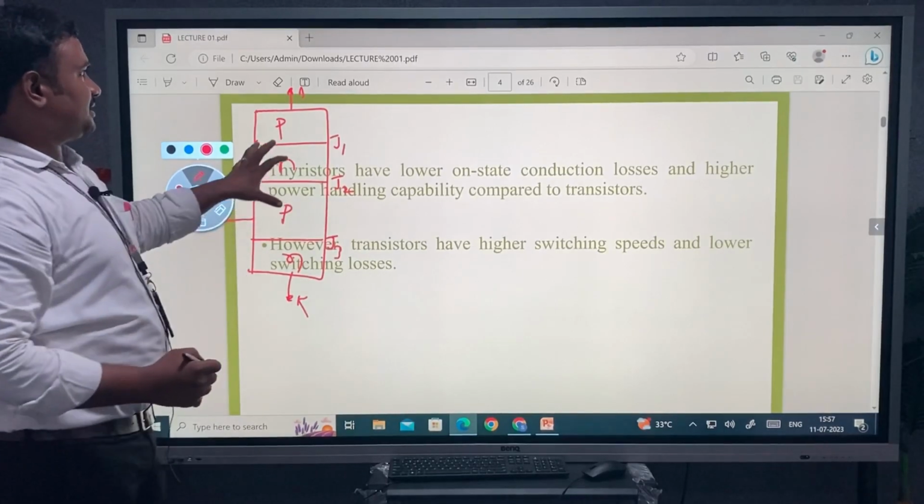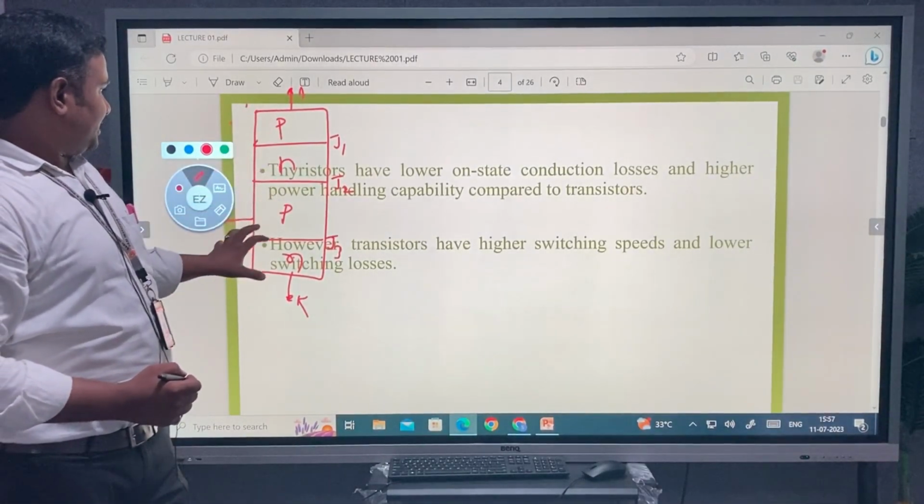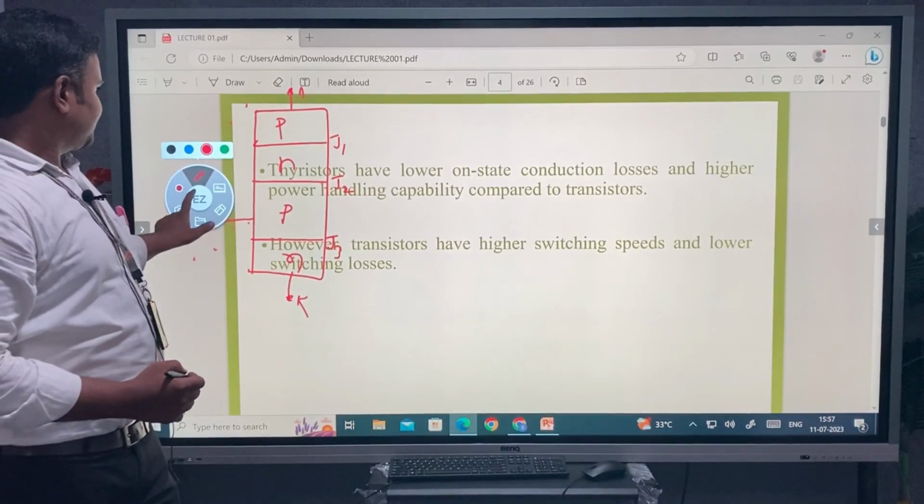So this is a 4-layer, 3-junction device with one control terminal called the gate.